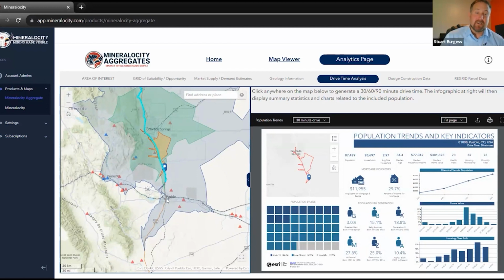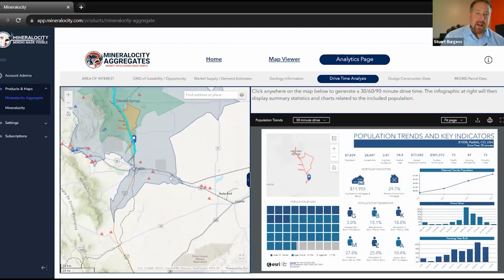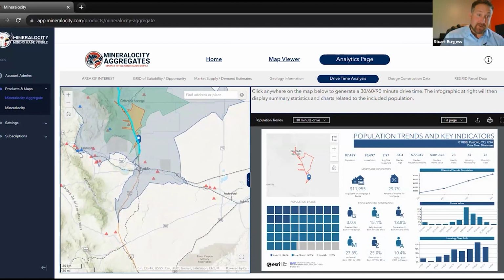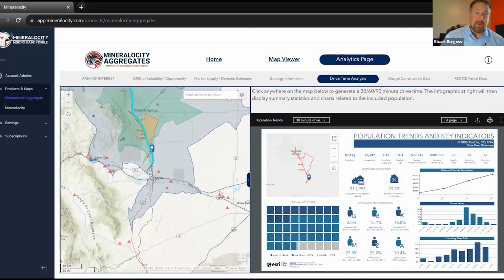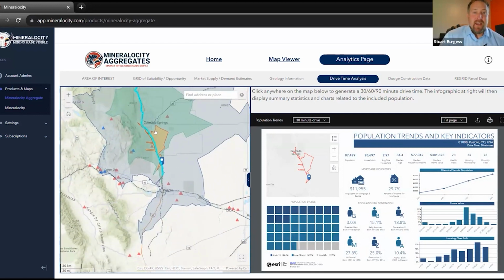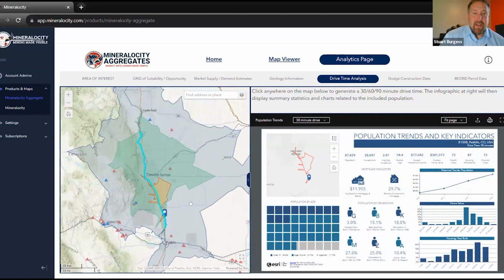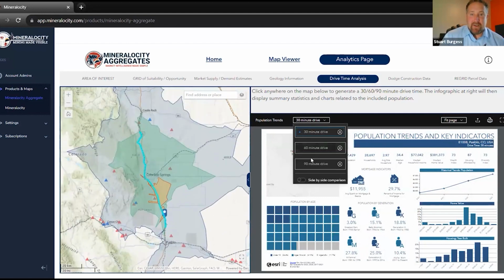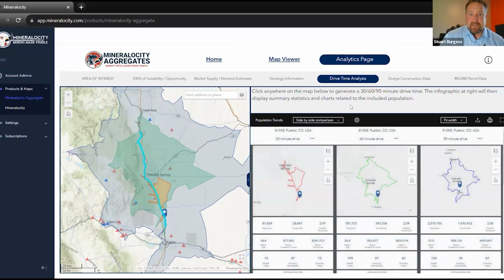Within Pueblo, also very competitive. There's a lot of aggregates being trucked in from north and south, or east and west, mostly a little bit north and south, but we would be very competitive to the north and directly to the south. And you can see that within our market, I'm going to turn on the side-by-side comparisons.